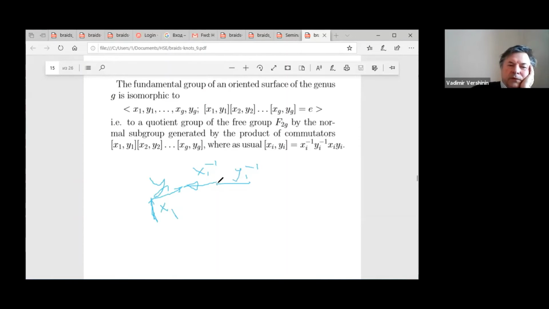So in this direction we are going. Okay, and this will be the cell.